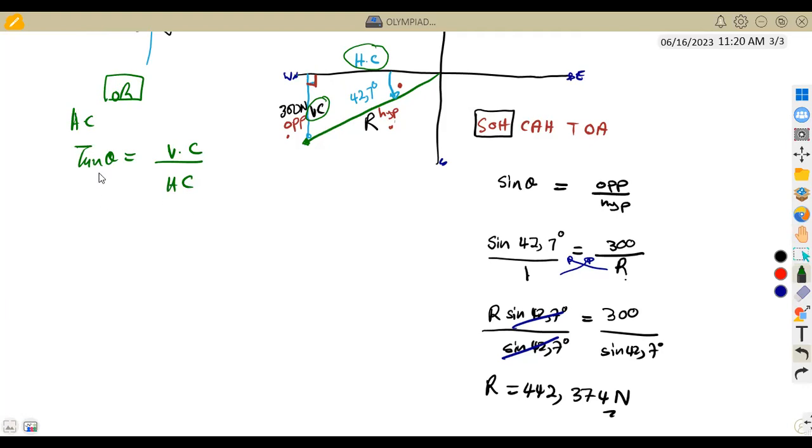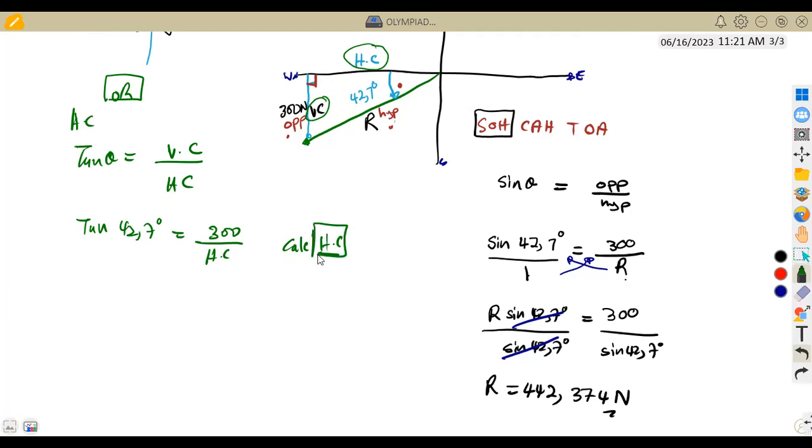So I can calculate the horizontal component by substituting: tan of theta, 42,7 degrees, is equal to the vertical component of 300 over the horizontal component, which I do not have. So what I'm going to do is calculate the horizontal component.